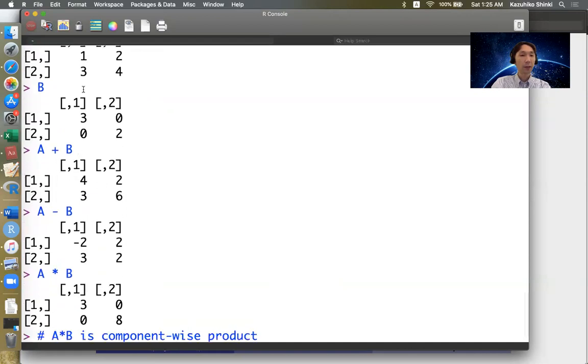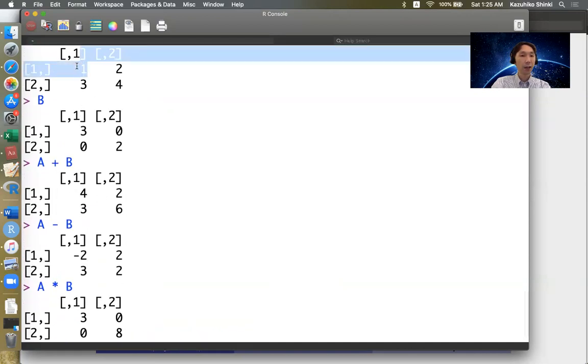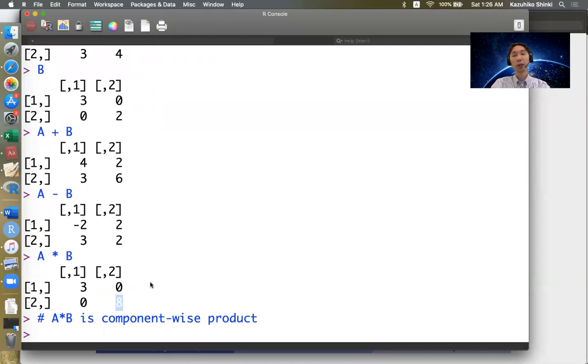So A times B is: 1 times 3 becomes 3, 2 times 0 becomes 0, and so on, 4 times 2 equals 8. This is not the usual matrix product, but the element-wise product.